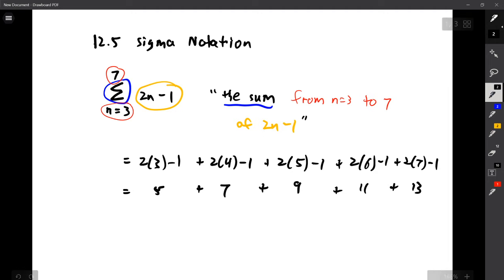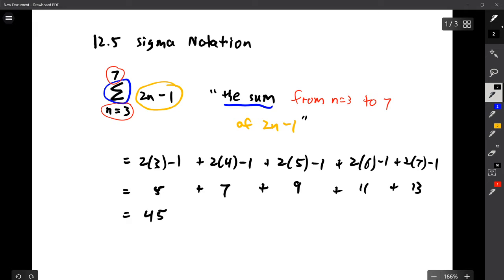Little hint that we'll see later. Whenever you have this 2n going on, you have values going up by increments of 2. So when we add these up, we have 5 plus 7 plus 9 plus 11 plus 13, we get 45.